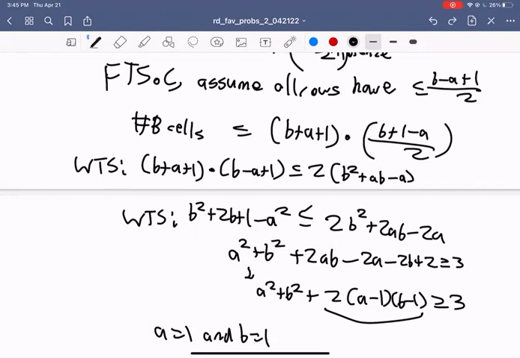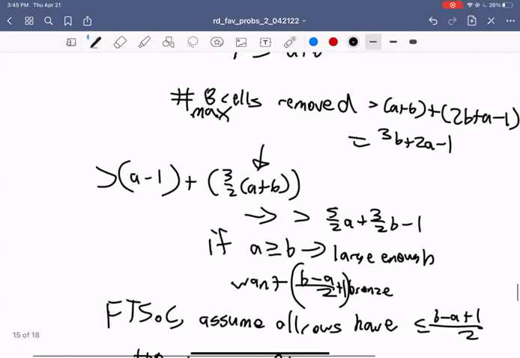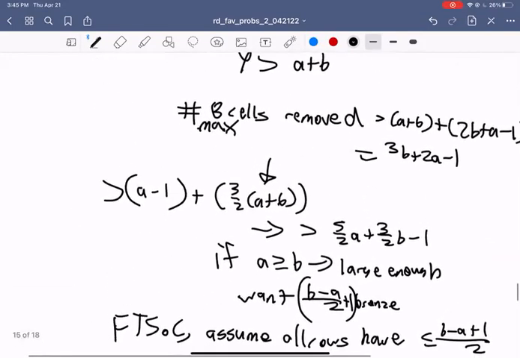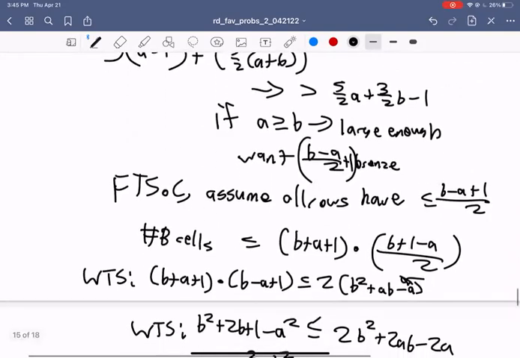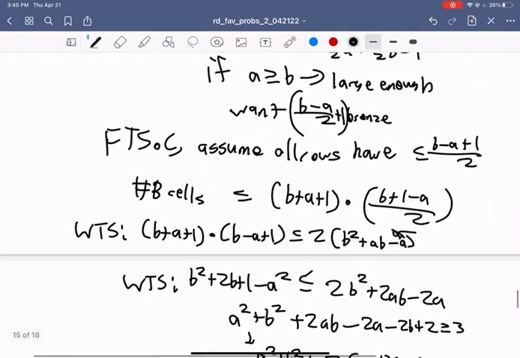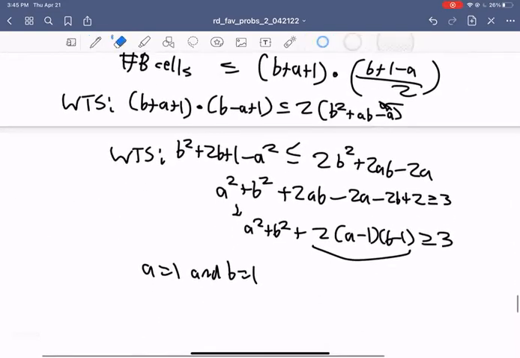And actually now I'm realizing that we can even add to this the minimum value from X and the minimum value for Y, because as X is less than or equal to 2A plus B, Y must be strictly greater than A plus B. So we can also add A plus B to this quantity, and then this becomes that we want to show A plus B squared is greater than or equal to 1, which is always true.